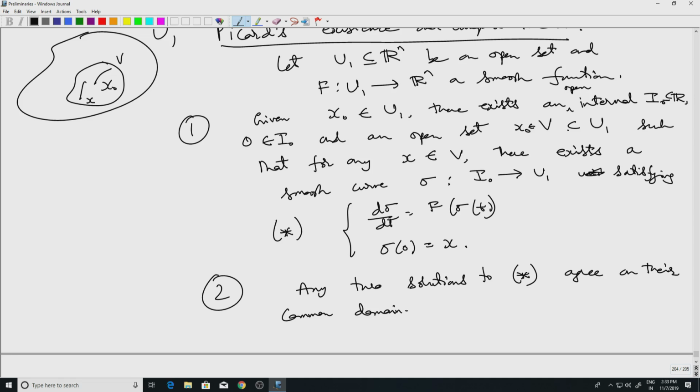So in other words, if I have two solutions to this system with the same initial data sigma 0 equals x, both of the domains will have to contain 0 because I need to make sense of sigma 0. The domains may be different, but if you take the intersection of the domains, that will be an open interval containing 0. On that they both agree.